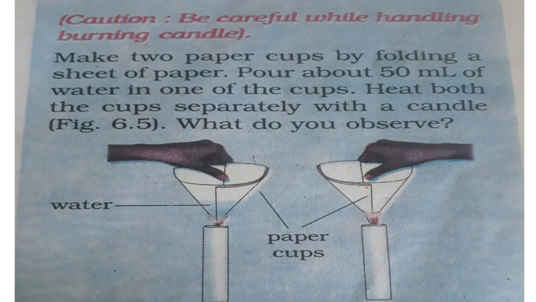By putting water, we have effectively increased the ignition temperature of the paper cup, and it is not attaining its ignition temperature, so it is not getting burned. But in the first case, where there was no water, it reached its ignition temperature and started burning. Now we will have a substance with a very low ignition temperature.